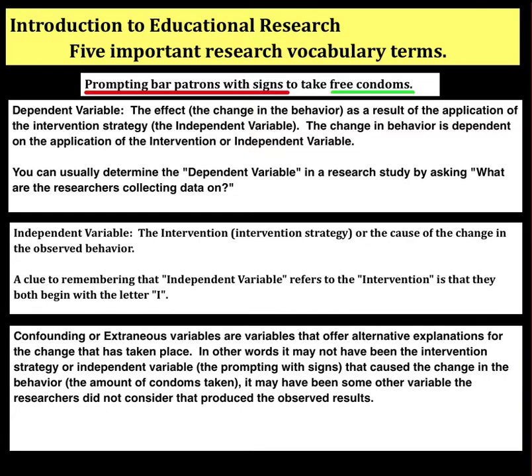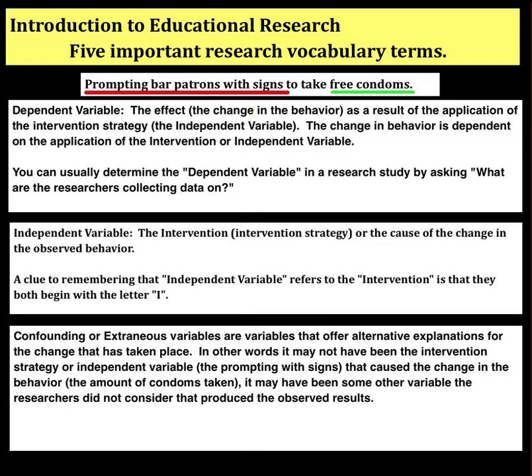So these three concepts of variables: the dependent variable, which is the change, or the effect in a cause and effect relationship, and it is dependent on the independent variable, which is the treatment or the intervention strategy. You can always identify the dependent variable by asking yourself, what are the researchers measuring?